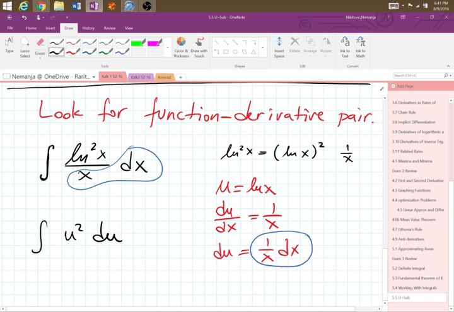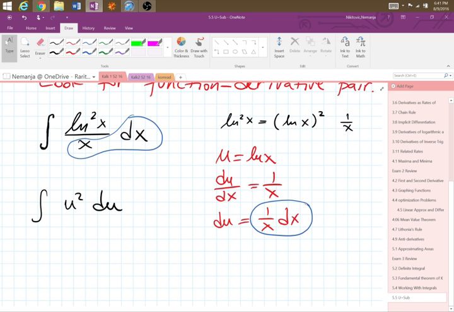Because ln x is u, and that's squared, so u squared, and then 1 over x dx, the whole thing, is just du. And from here, the rest should be easy. The integral is u cubed over 3 plus c, which is 1/3 ln cubed x plus c.